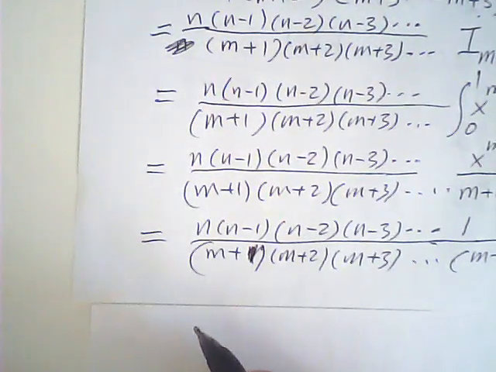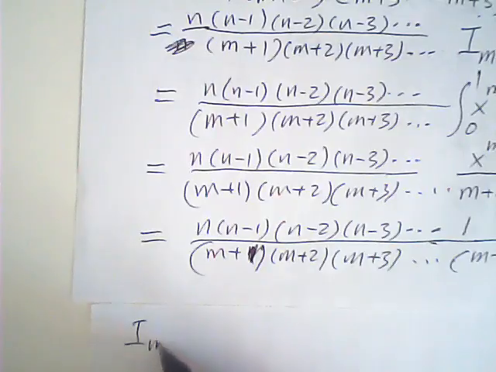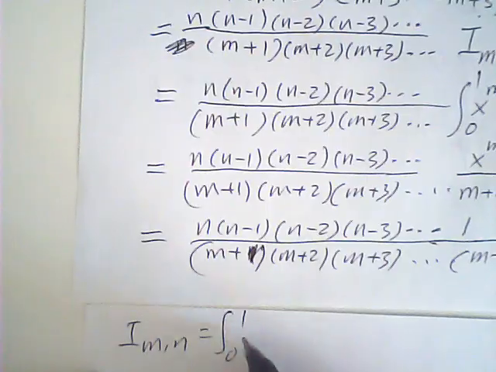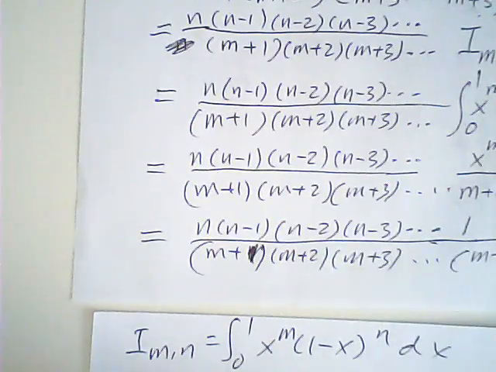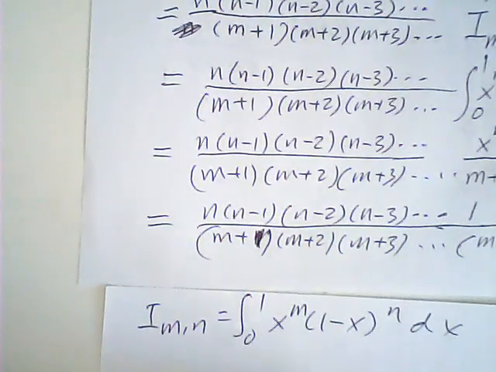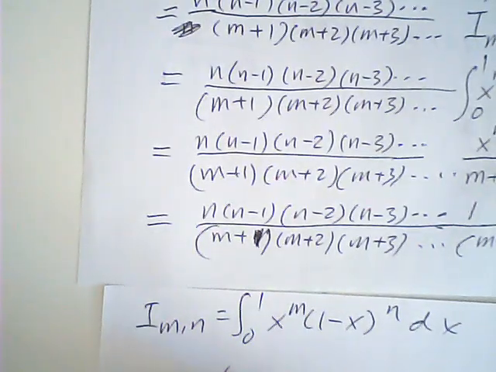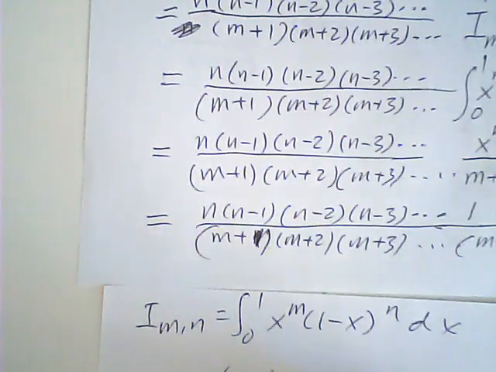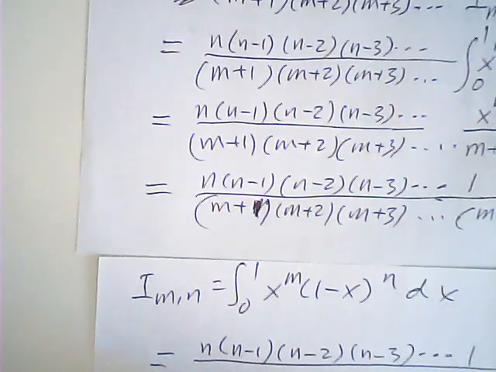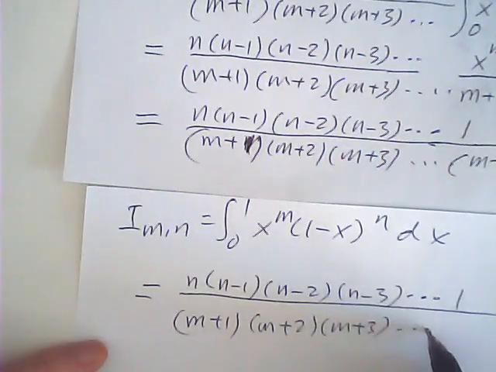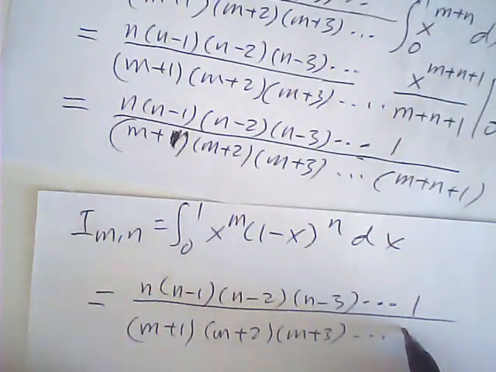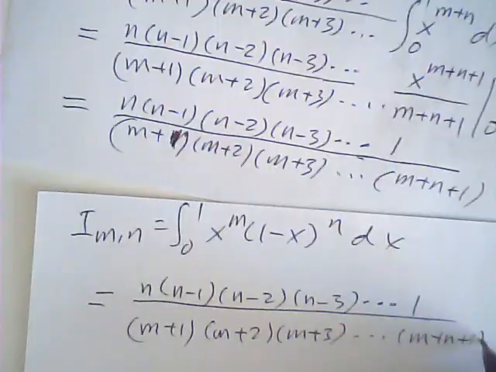So finally, this integral, the integral of x^m (1 - x)^n dx, becomes n times n minus 1, n minus 2, n minus 3, over m plus 1, m plus 2, m plus 3, until the last one, m plus n plus 1.